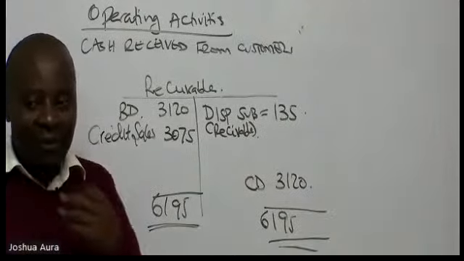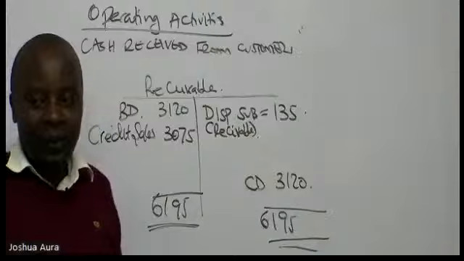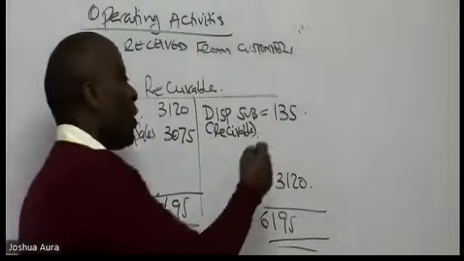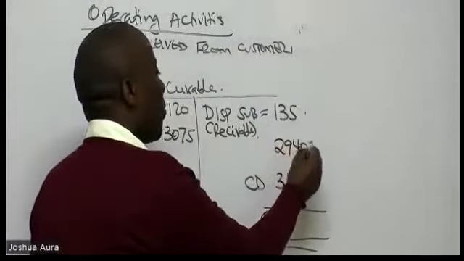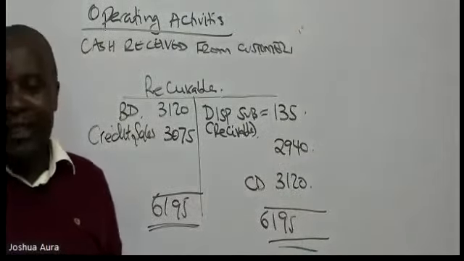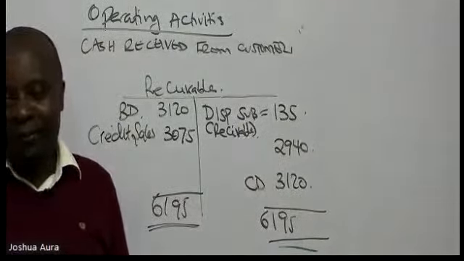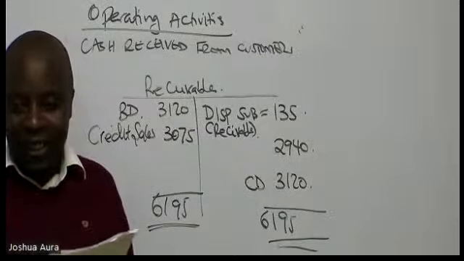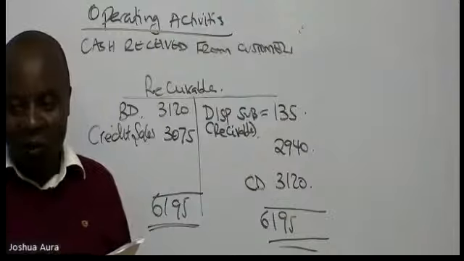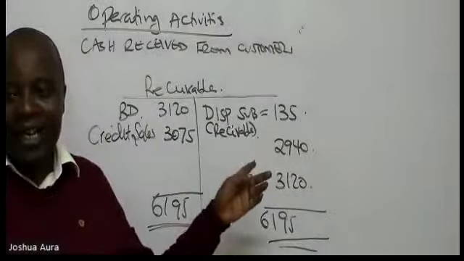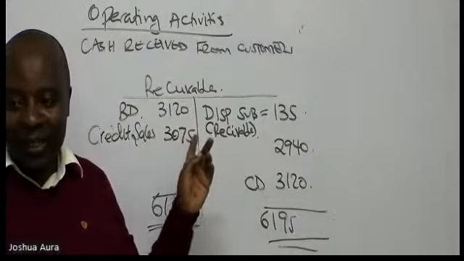What do we have there? Yeah, 2940, right? So this 2940 is the balancing figure. What name do we give to this 2940? This must be the cash that we received from our customers, isn't it?